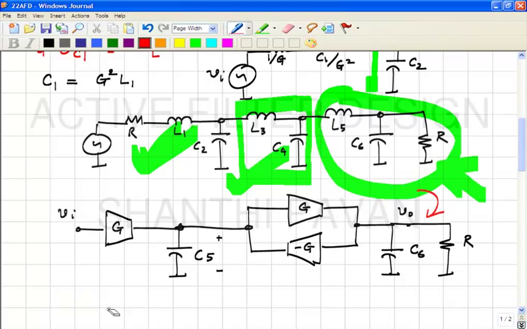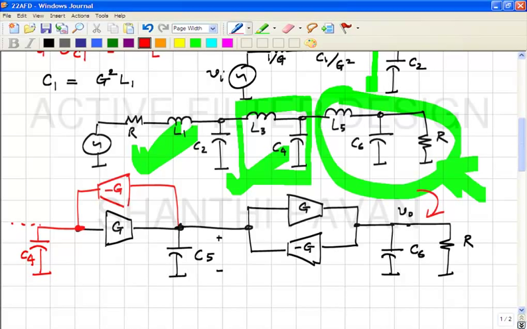Same old, same old. So this, let's say, is the previous capacitor C4. All right. And what should I do? I must add minus G, connect it like this. You understand?